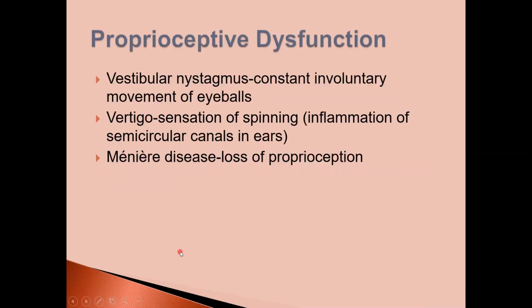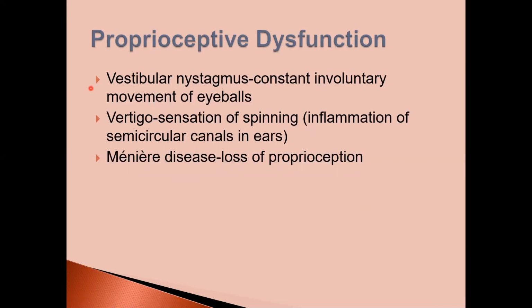Proprioception dysfunctions can also involve a few pathologies. One is vestibular nystagmus, which is constant involuntary movement of the eyeballs. You can understand that if your proprioception is dependent on vision, then constant involuntary movement, nystagmus, would be a problem and cause proprioceptive dysfunction.